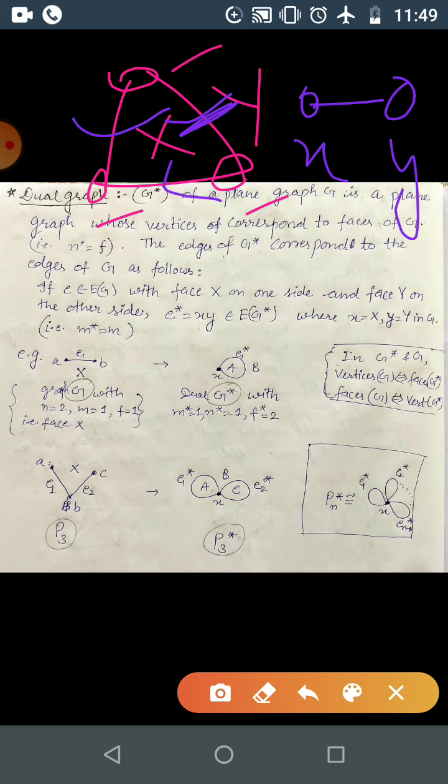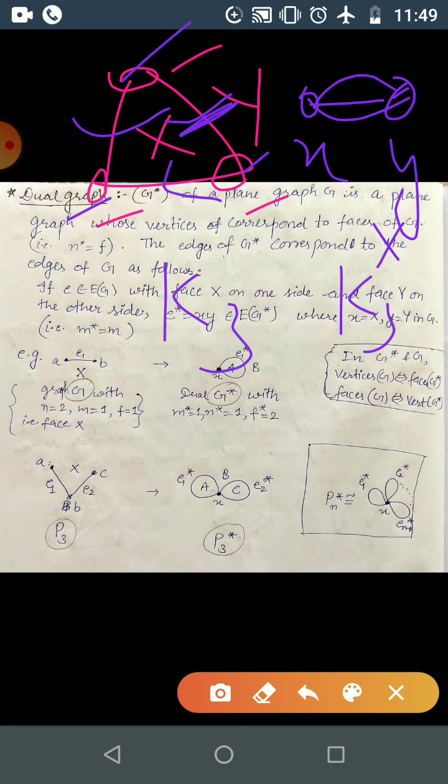So there will be 3 multi edges, because x and y are the faces on both sides of 3 edges, and 3 vertices, and here also 3 regions, 1, 2 and 3. Okay, so that's done, I think. For C3 or K3, it's done. So this is K3 and this is K3 star.